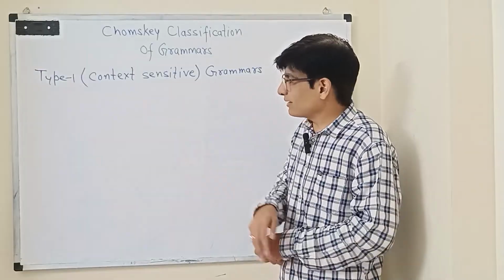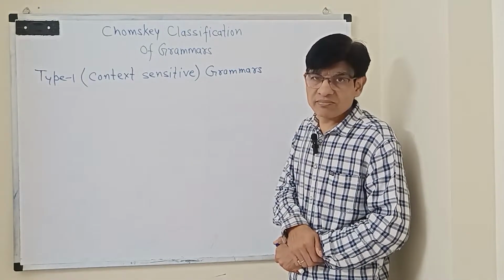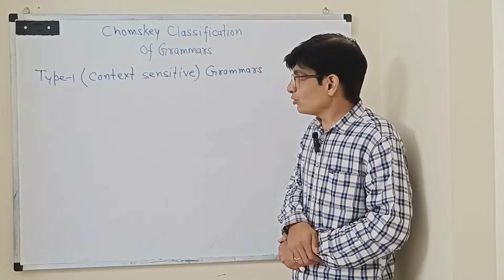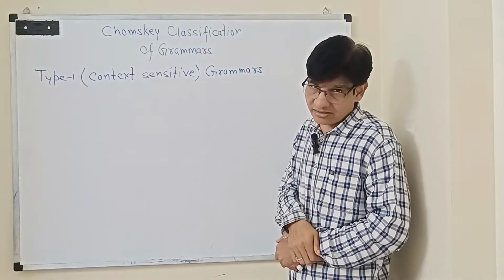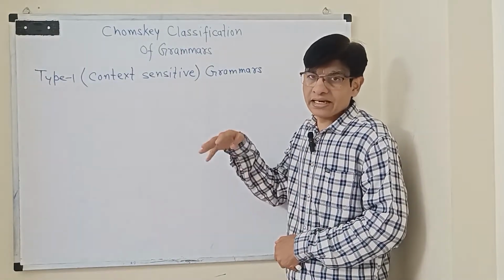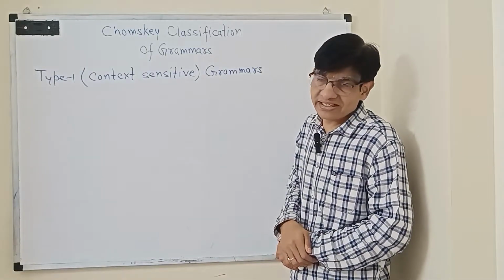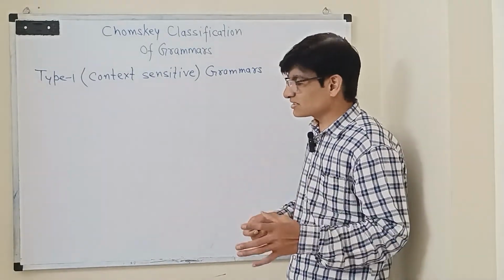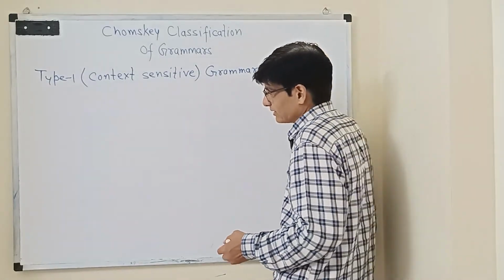In unrestricted grammar, as you have seen, there is only one restriction, that alpha must have at least one variable. Now we will apply some more constraints on this production rule, and then type 1 or context sensitive grammar will be generated. I will discuss what restrictions we are applying in this grammar.